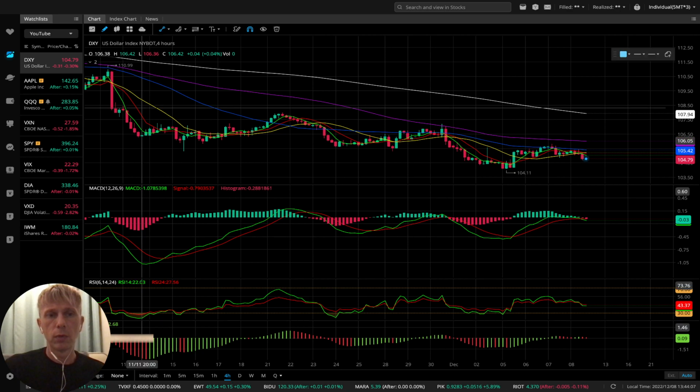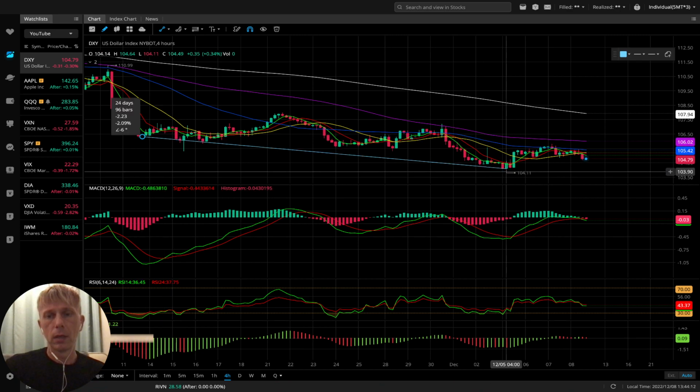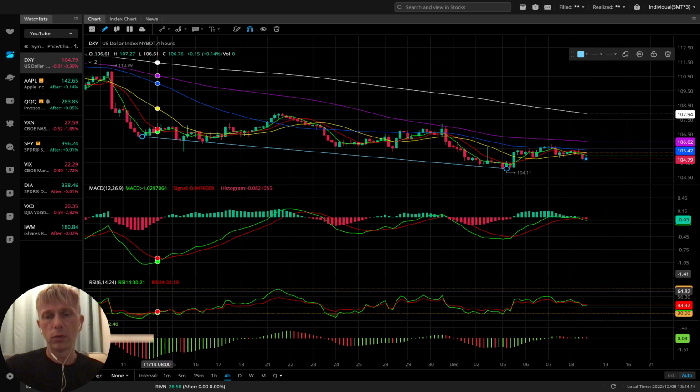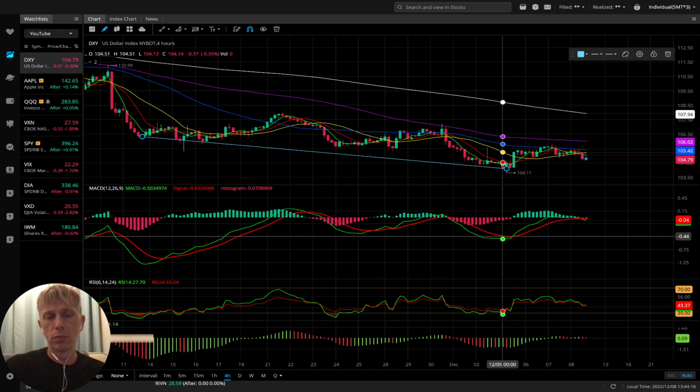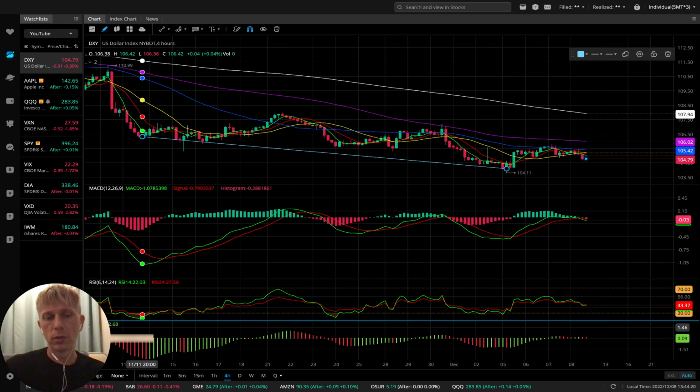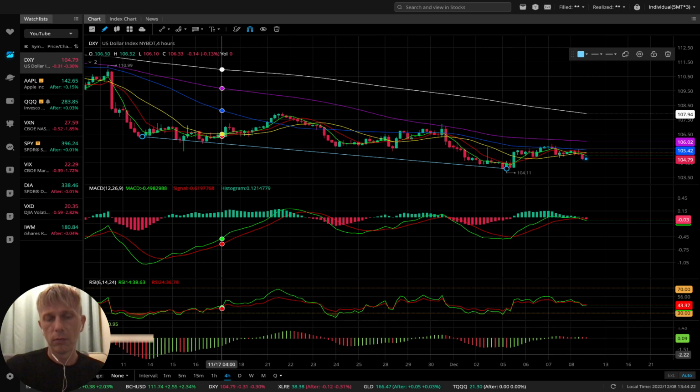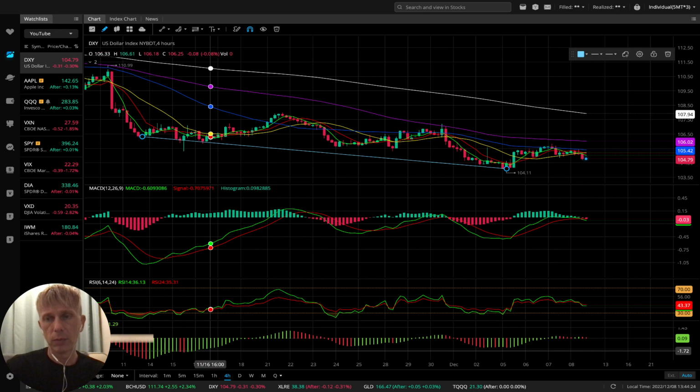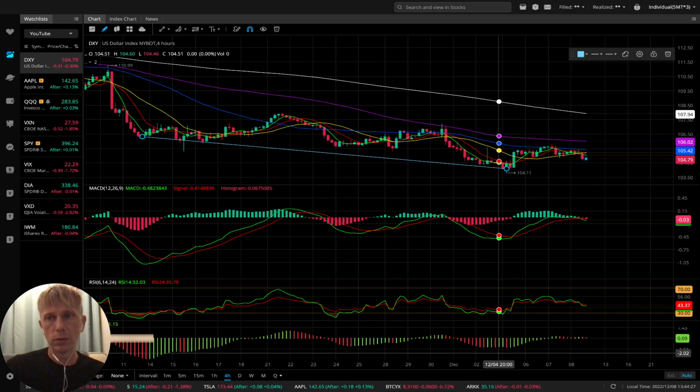From this point to this point it's a downtrend. On the MACD, from this point to this point it's an uptrend. It's a bullish divergence. Same on RSI, bullish divergence. Same on awesome oscillator, from this point to this point, uptrend. Bullish divergence on all indicators.